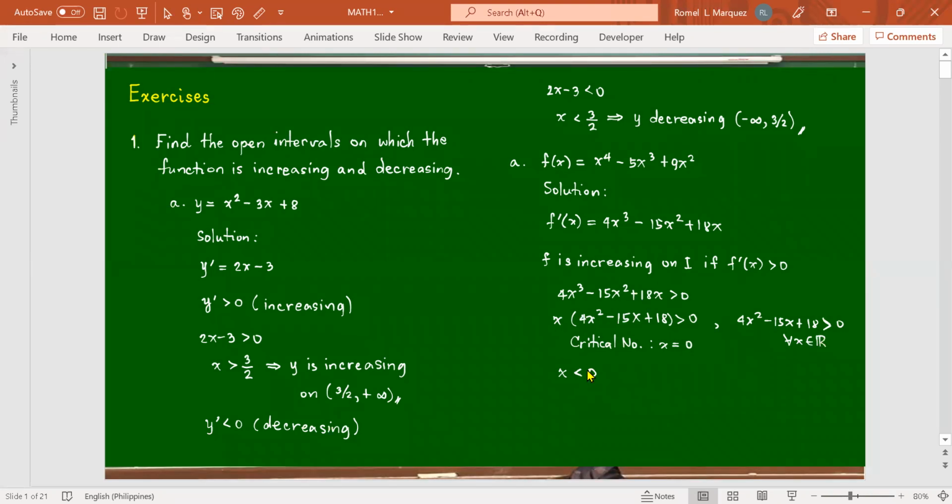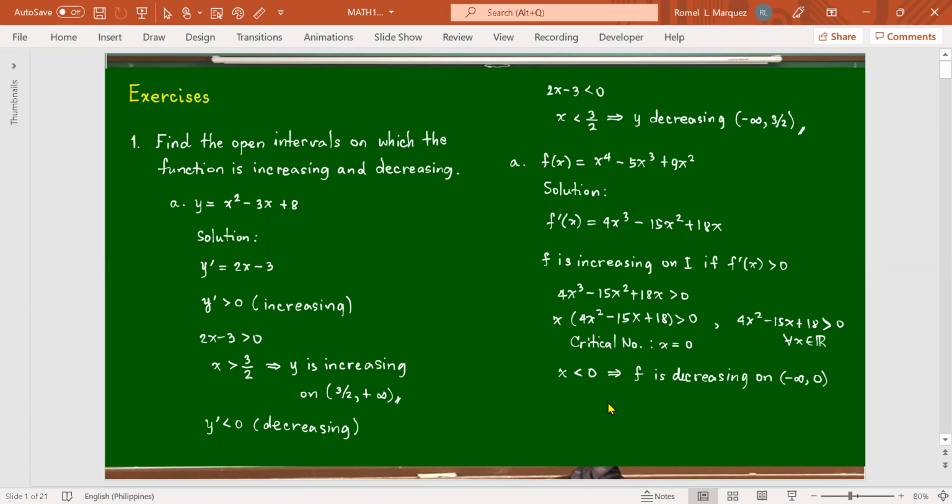So negative times positive. So guaranteed that f is decreasing on the interval negative infinity to 0.